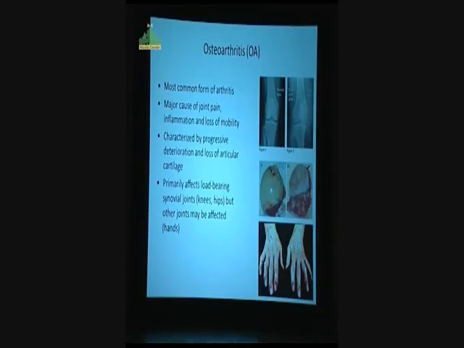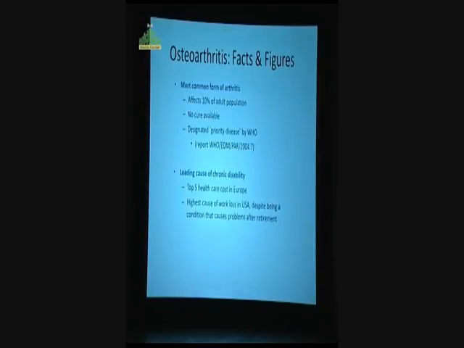As you can see here, this is a relatively normal femoral head, and on the right-hand side we have an osteoarthritic femoral head with most of the cartilage worn away and the subchondral bone exposed. Now, the disease primarily affects load-bearing joints such as the hips and the knees, but other joints such as the hand, elbows, and shoulder can be affected as well.